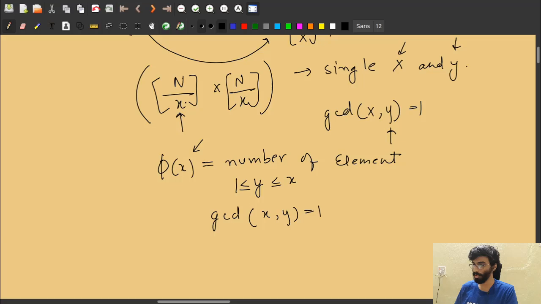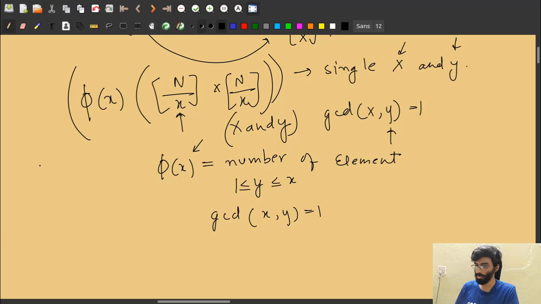Hence for a single x there will be phi of x y's we can get. Hence as this number of pairs is just done for single x and y, multiplying it with phi of x, we will be getting these pairs for single x and all the possible y's it can have.